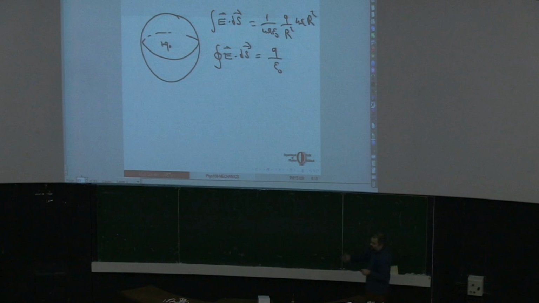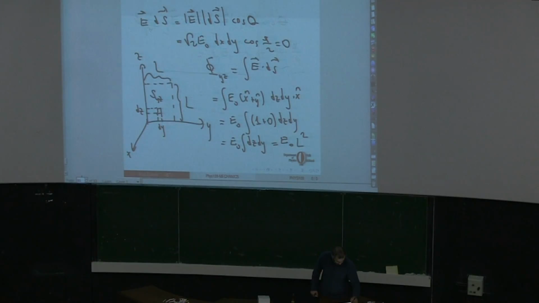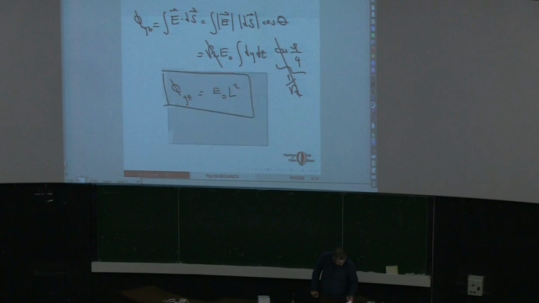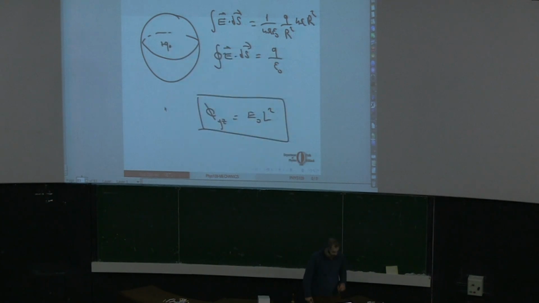Now, if you compare this result with, let's say, this one, and of course, these are the fluxes through completely different surfaces corresponding to completely different electric fields, but there is a fundamental difference between these two.